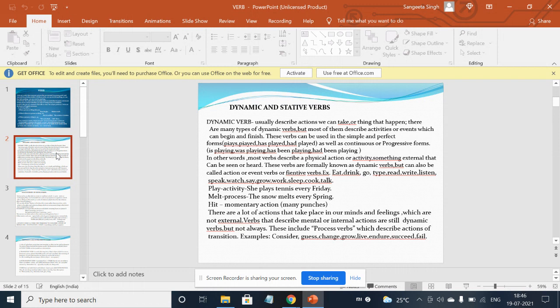Verbs that describe mental or internal actions are still dynamic verbs, but not always. These include process verbs, which describe actions of transition. Examples: consider, guess, change, grow, live, endure, succeed, and fail, and so on.